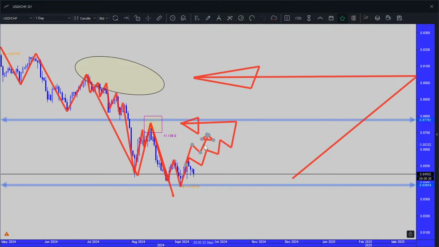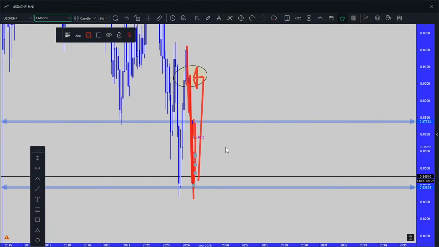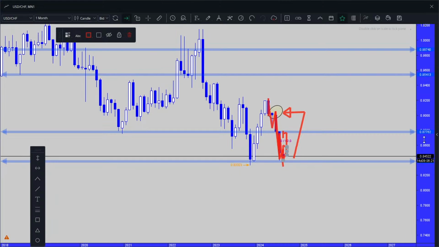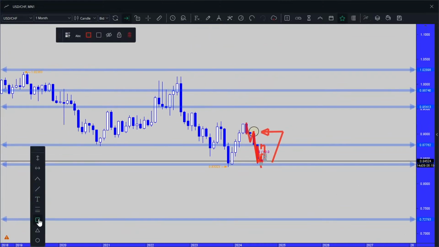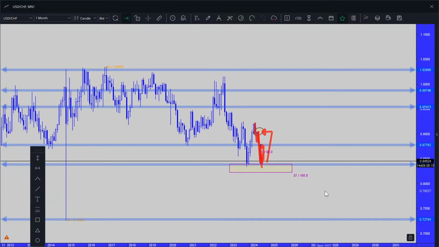So the first confirmation would be the market breaking this high, and the next confirmation would be the market breaking this high from the weekly. What confirmation, boss? That this consolidation band is standing. Does this make sense?